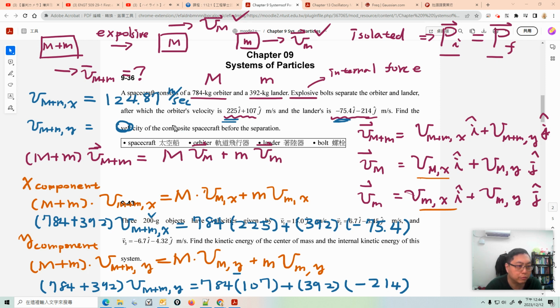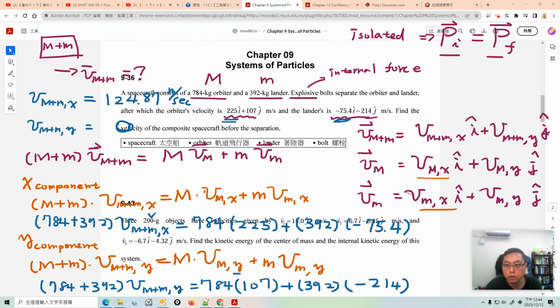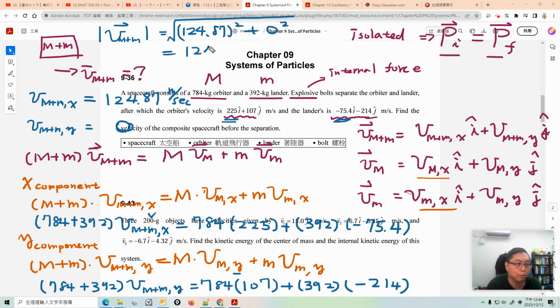So the magnitude. If you want to calculate the magnitude of the velocity, just don't forget how. For v_(M plus m), the magnitude is the square root of 124.87 squared plus 0 squared. But in this problem, it's just equal to 124.87.